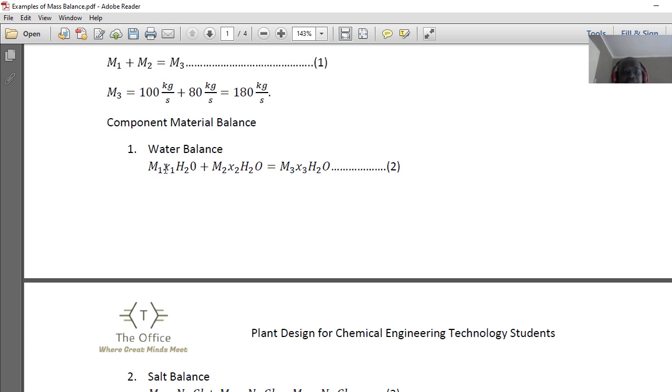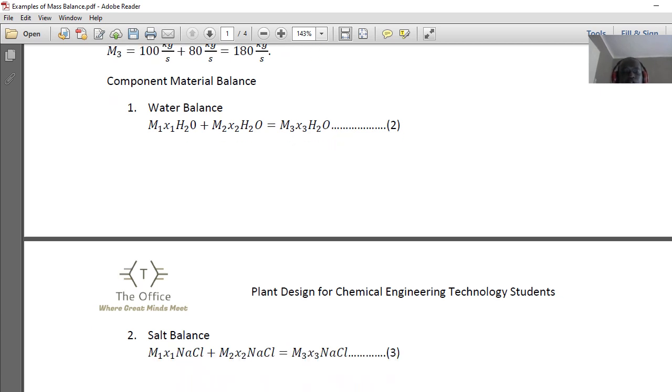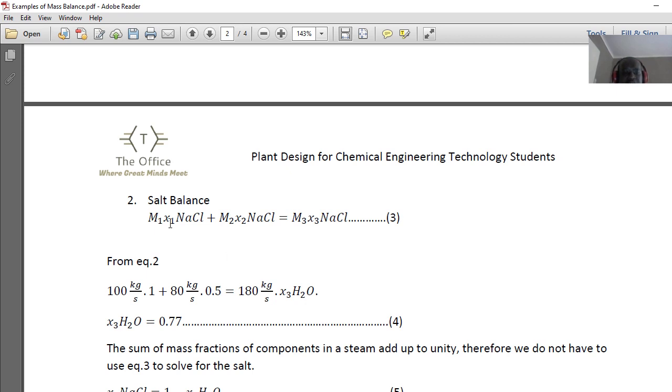X stands for composition, subscript is stream 1, and then H2O. So X1 H2O is the composition of water in stream 1, right? Plus M2 multiplied by the composition of water in stream 2 is equal to M3 multiplied by the composition of water in stream 3.